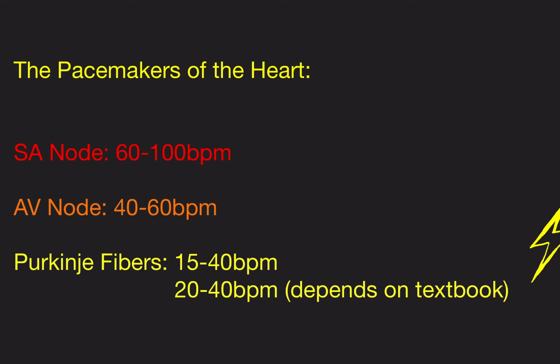It cannot fire 60 to 100 beats per minute. It can only fire 40 to 60 beats per minute. So, a good exam question is, if you have a patient that comes in with a heart rate of, say, 45 beats per minute, you can probably safely say the SA node may not be working, right? The AV node took over.